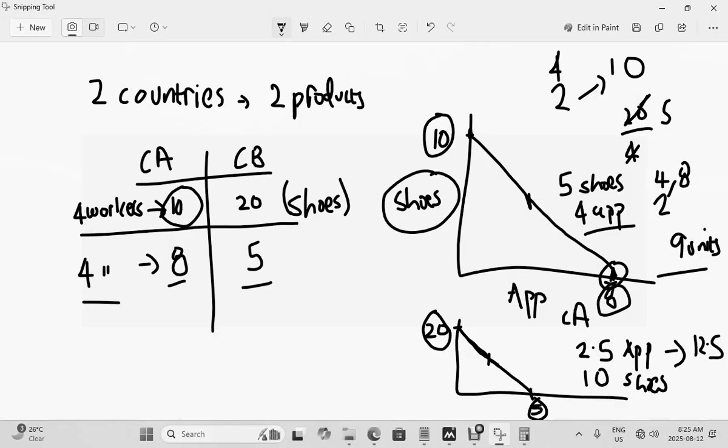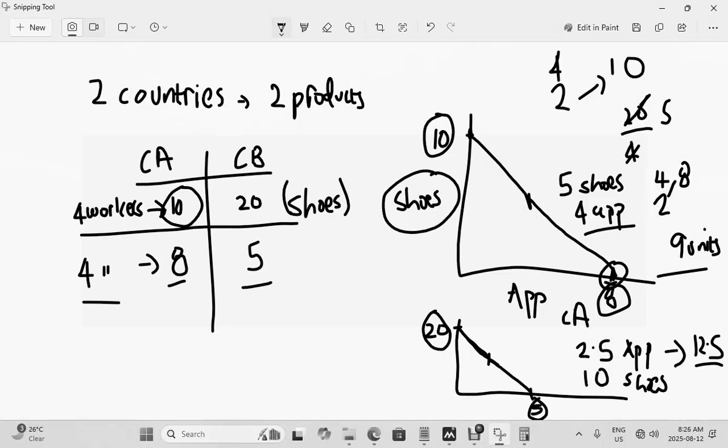That's for country B. However, since they decided to produce both shoes and appliances, they ended up with a total of 12.5 units, which means they gave up comparative advantage and ended up producing less. So if they do trade with other countries, they won't be able to supply some of these items, either shoes or appliances, to other countries.